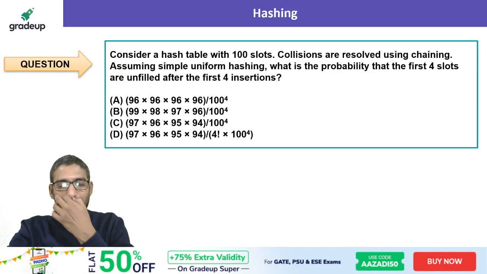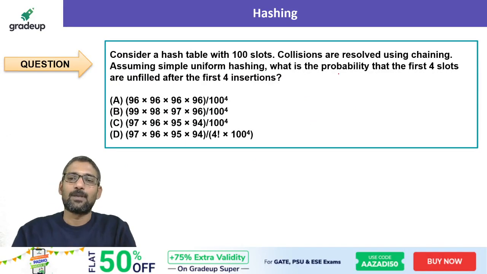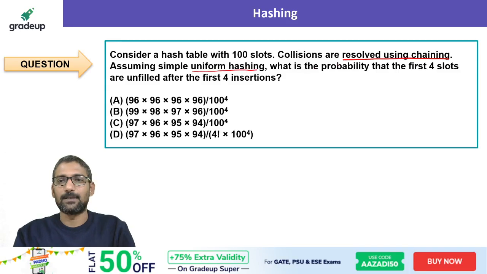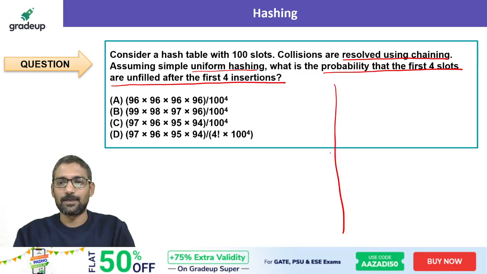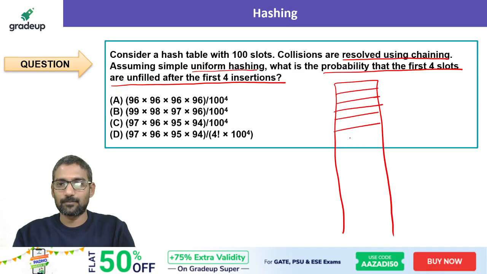Consider a hash table with 100 slots. Collisions are resolved using the chaining method. Assume simple uniform hashing. What is the probability that the first 4 slots are unfilled after the 4 insertions? So here you see, from here you should start filling.